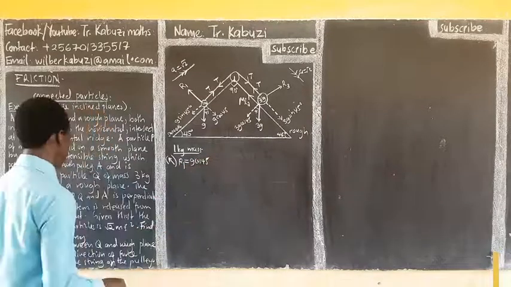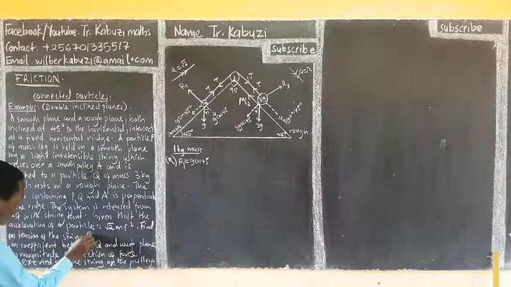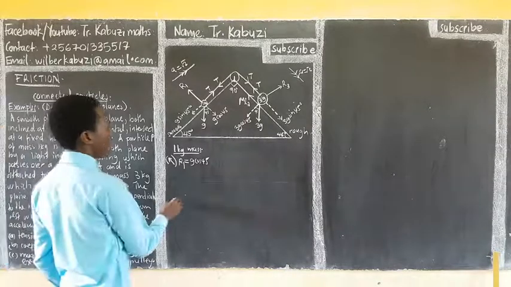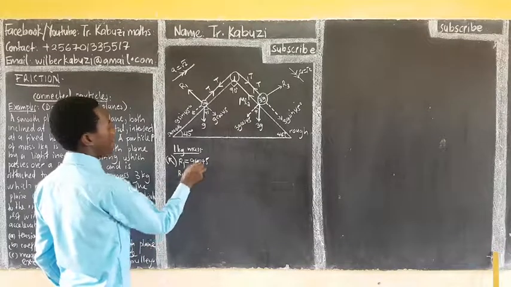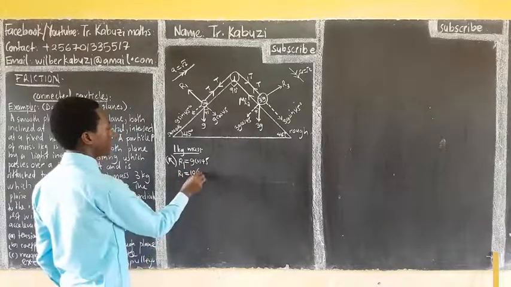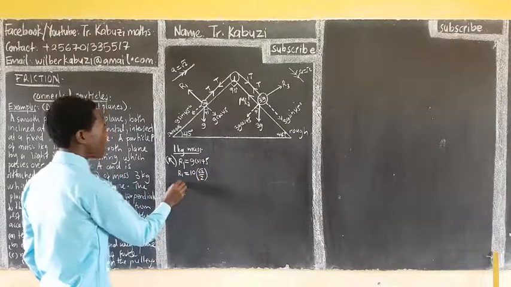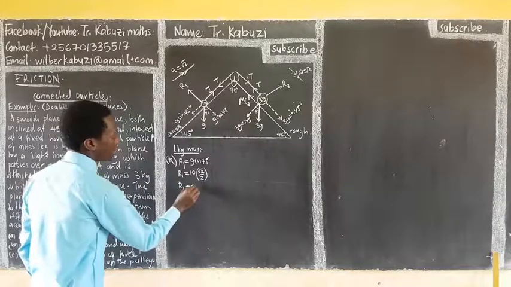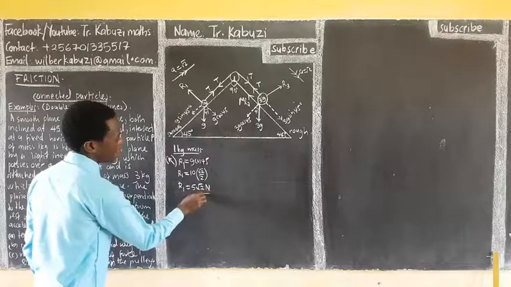Taking g to be 10 meters per second squared, R1 is 10 cos 45, but cos 45 is 1 over root 2, the same as root 2 over 2. So R1 will be 5 root 2 newtons.